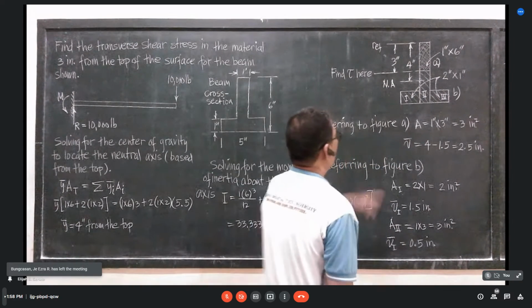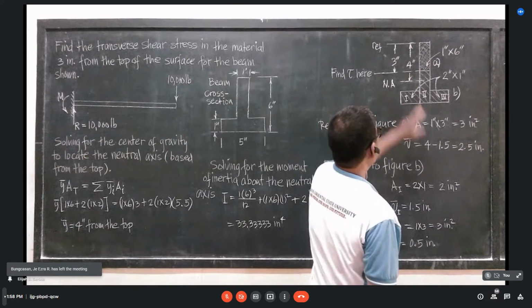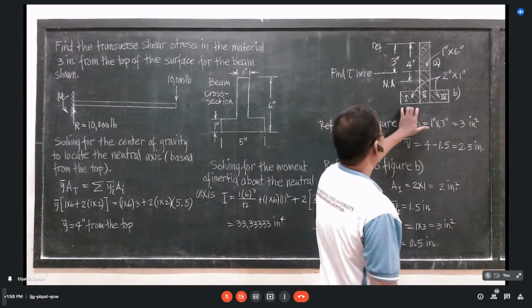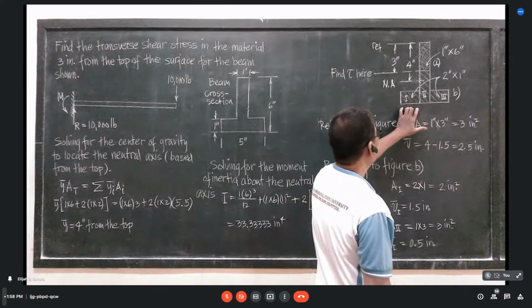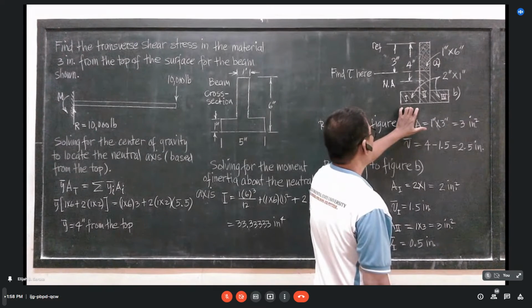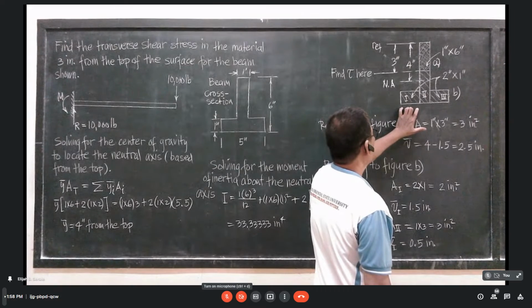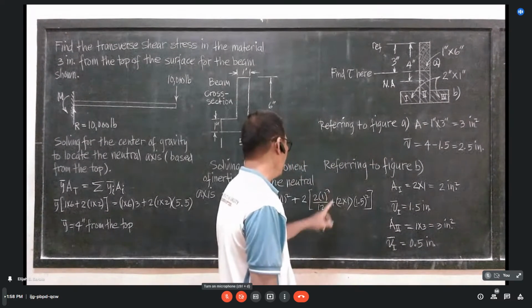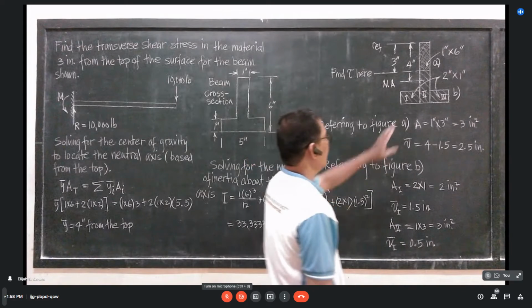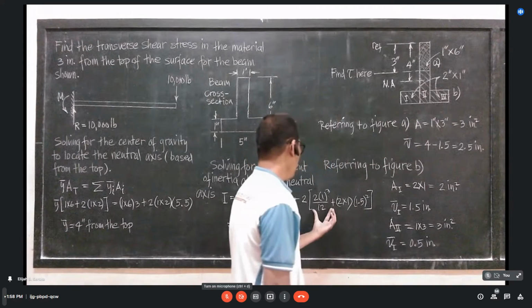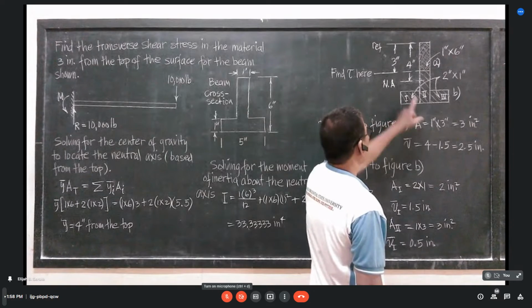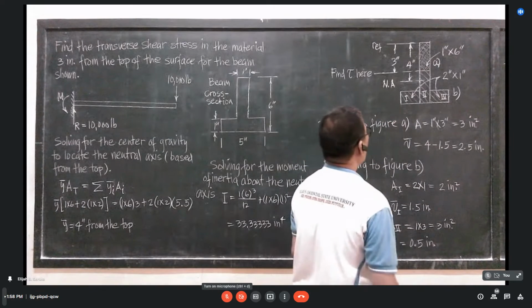Okay, so for example, the moment of inertia of this rectangle, BH cubed over 12. B is 2. H is 1. Okay, so BH cubed over 12. That is the moment of inertia about the centroid. What is y bar squared?